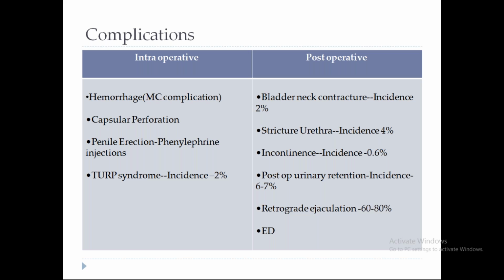Postoperative complications are bladder neck contractures in 2% of individuals, urethral stricture in 4%, incontinence in 0.6%, and post-op urinary retention in 6 to 7%. Retrograde ejaculation can also be present in 60 to 80%. We have already seen that retrograde ejaculation is the most common complication, so you have to explain it before surgery only. Next is erectile dysfunction.